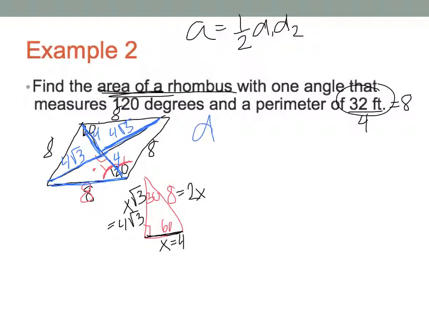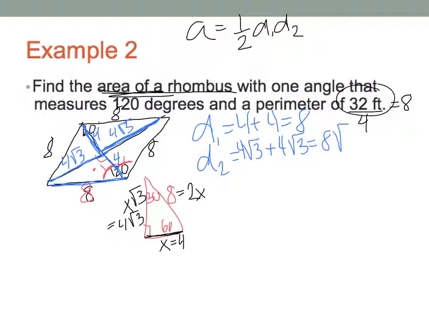So diagonal 1 is going to be 4 plus 4, which equals 8. Diagonal 2 is going to be 4 root 3 plus 4 root 3, which gives me 8 root 3. I'm going to plug those two pieces of information into my area formula right here.